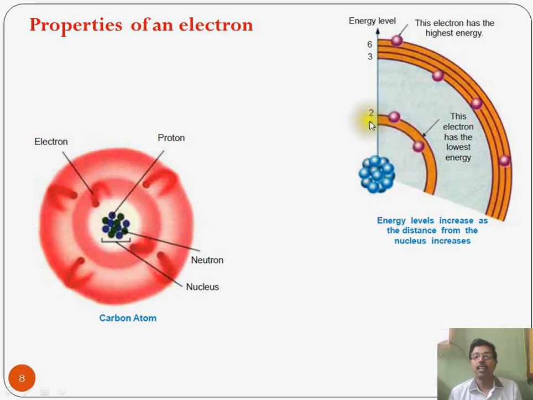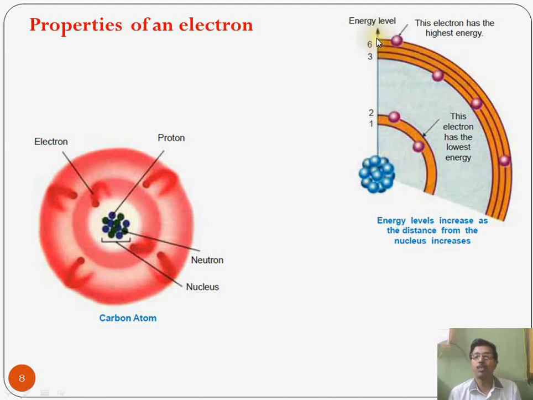The electron in the first orbit has the lowest energy. Since it is tightly coupled with the nucleus, it cannot move away from the nucleus because it has the lowest energy. That means it is tightly bonded with the nucleus.